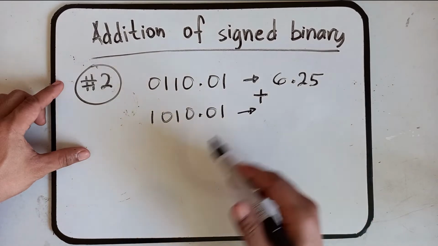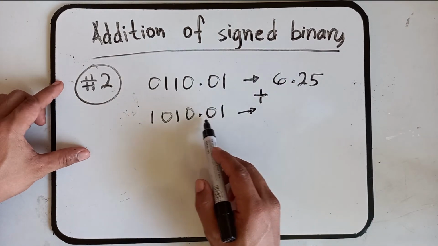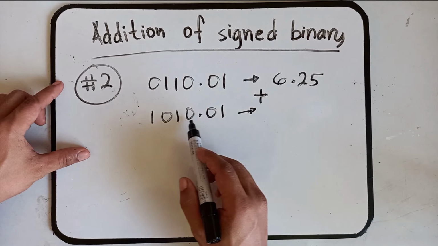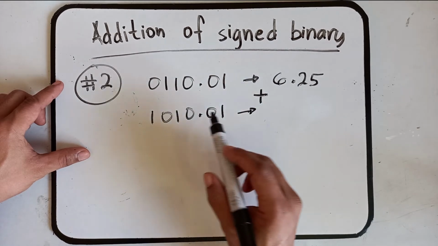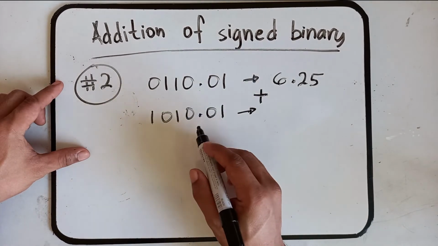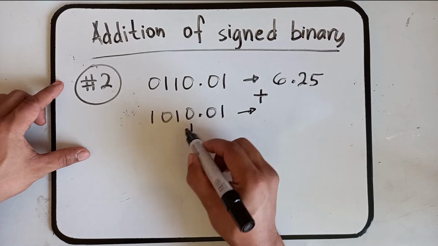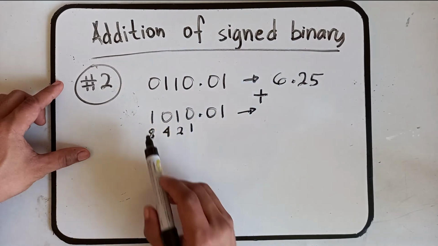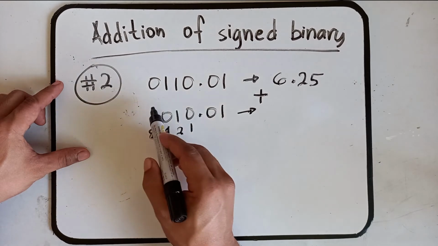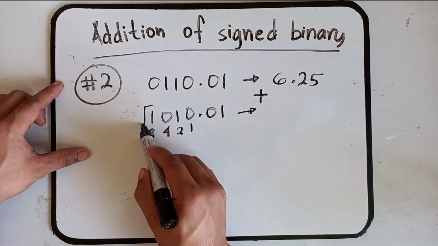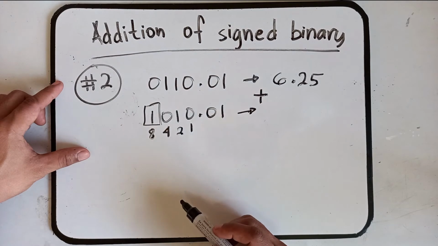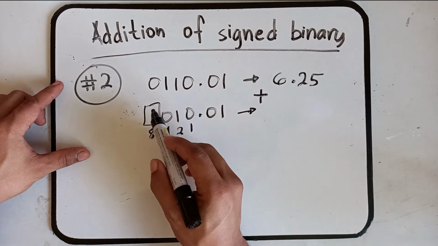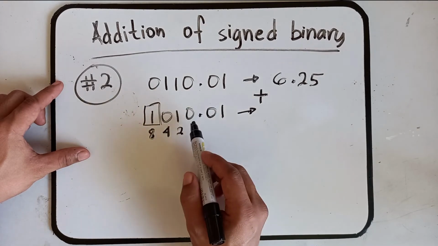So now let's take a different approach on how we can determine the decimal form of this number. What we will do is mark this with 1, 2, 4, 8. And we know that this number here is the sign bit. This means that this is a negative number.